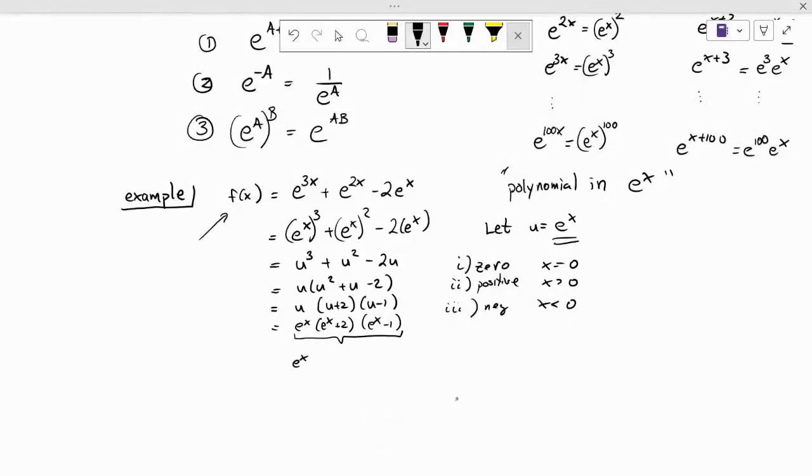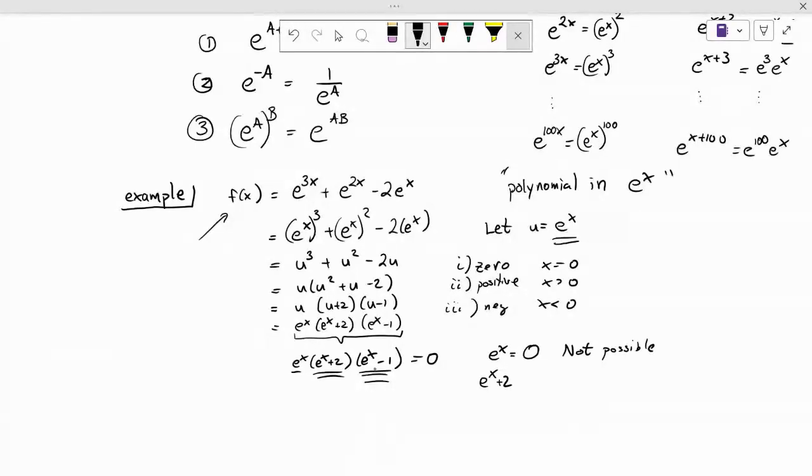We would have factored already. And you first find where it's equal to 0. And then we know that the product of 3 factors is 0 as soon as one of the factors is 0. So either e to the x is 0, which is not possible. Exponential is greater than 0. So no solution there.